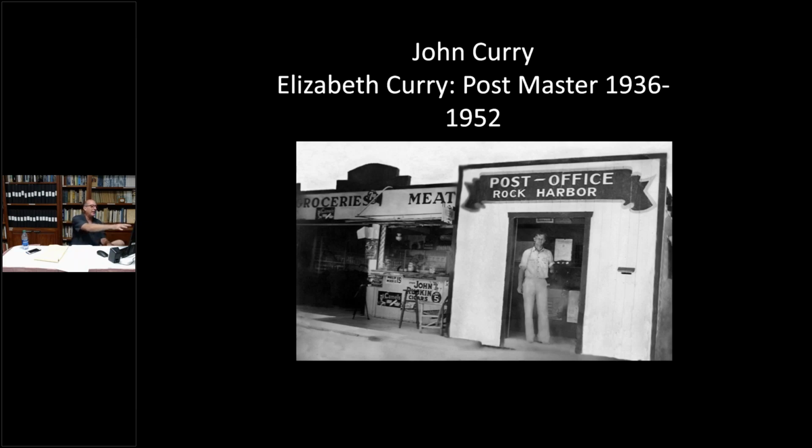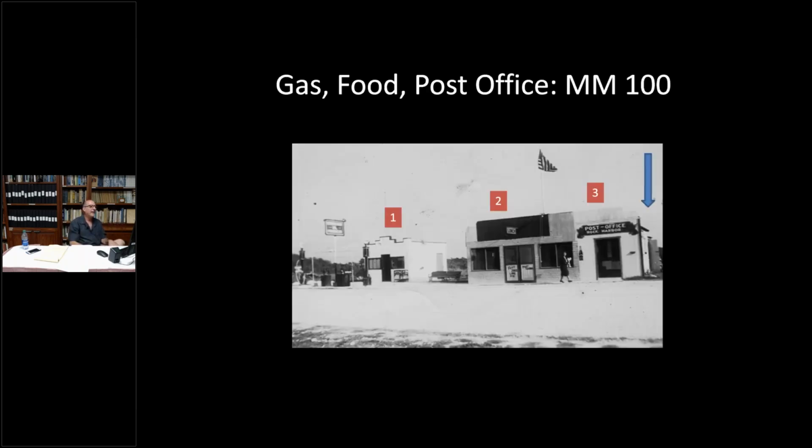But where it's groceries and meat, and a kind of local Rock Harbor grocery store. And here's kind of a takeaway from that. The one is the old location of the Rock Harbor post office. Now, in this picture, it is just a Standard Oil gas station.